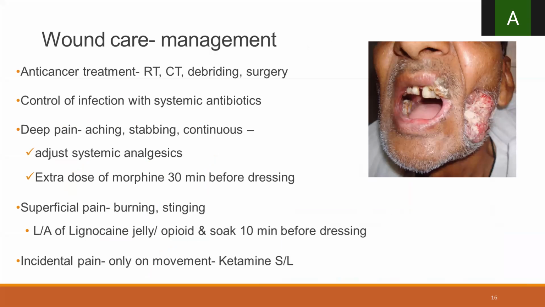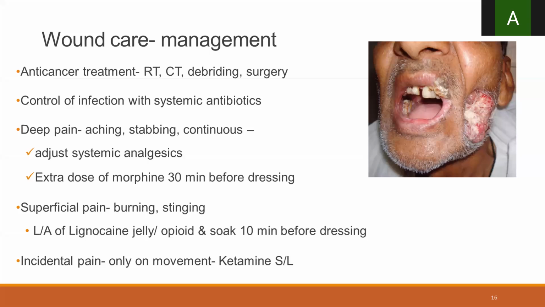Yes, so wound management. Many times it is seen that anti-cancer treatment, like radiation therapy and chemotherapy, helps in reducing the malignant wound, or we can say the fungating wound. But side effects also should be discussed with the patient, because both of them give quite a lot of side effects.